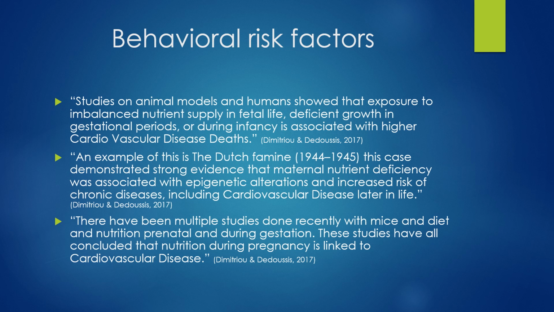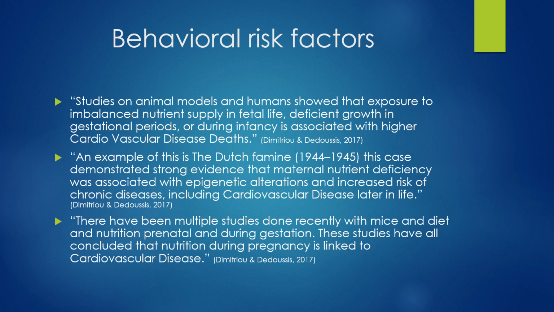Switching subjects a little, but not forgetting how important cigarette smoke is, we're going to discuss a little bit on diet and cardiovascular disease. There are studies on animal models and humans that showed exposure to imbalanced nutrient supply in fetal life, deficient growth in gestational periods, or during infancy is associated with higher cardiovascular disease and deaths.